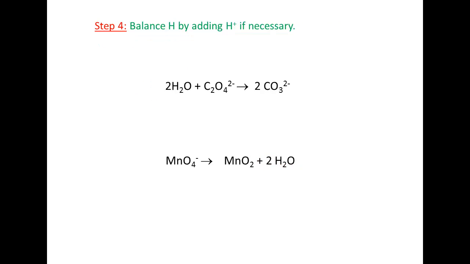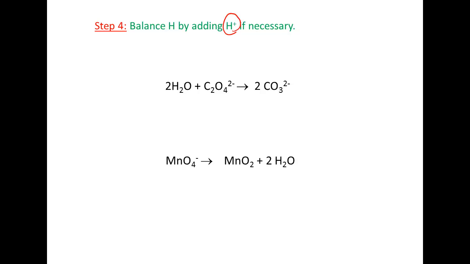Step 4. Now we are going to balance our hydrogens by adding H+ if necessary. This is where the acidic condition comes into play. The H+ ions released by the acid in your solution aid in the redox reaction.